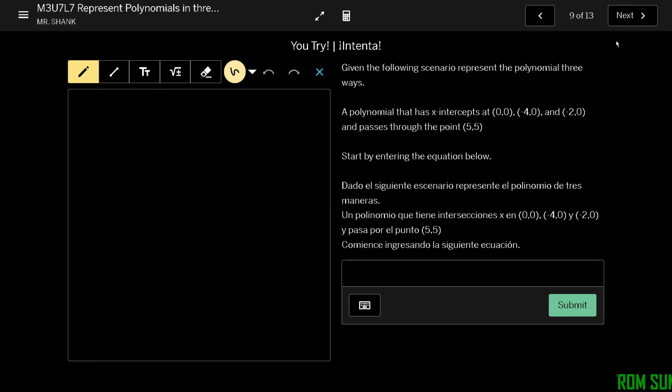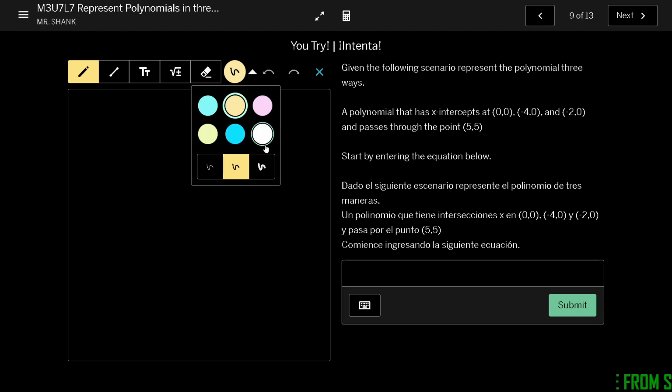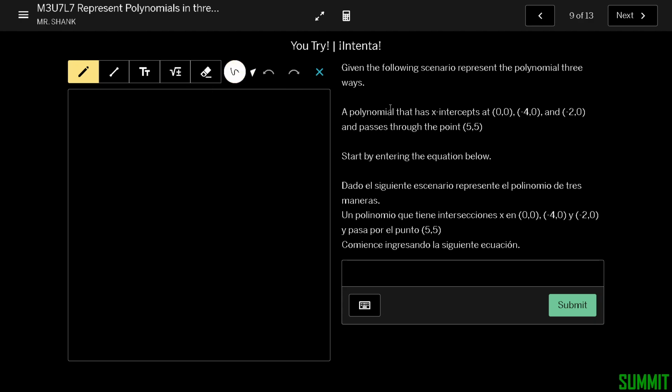All right, so same kind of thing. Try coming up with what your scenario is, or excuse me, your function. So I'd say a polynomial that has x-intercepts at 0, 0, negative 4, 0, and negative 2, 0, but it passes through that point of 5, 5. So I want you guys to try it at this point.